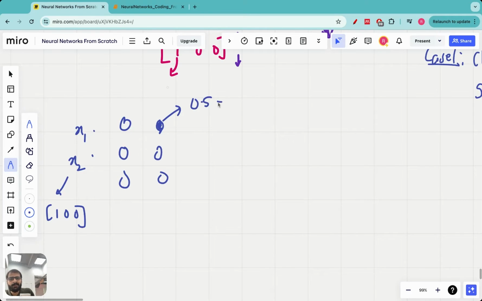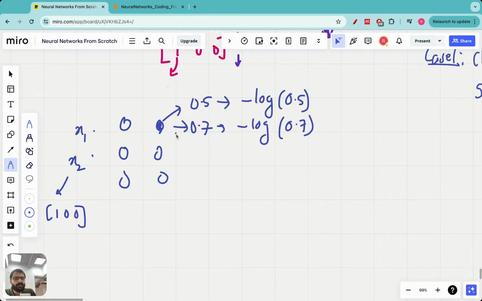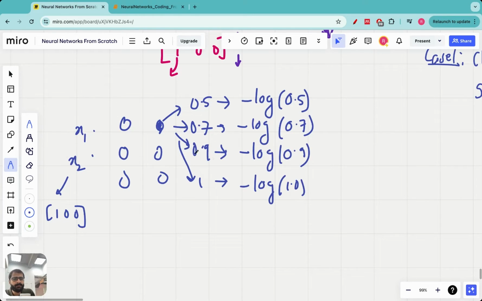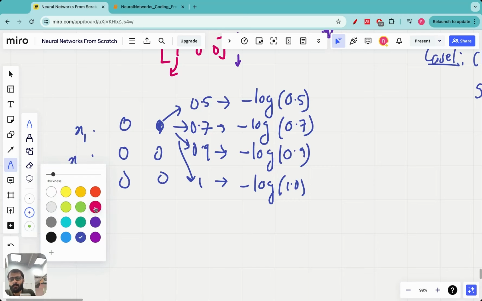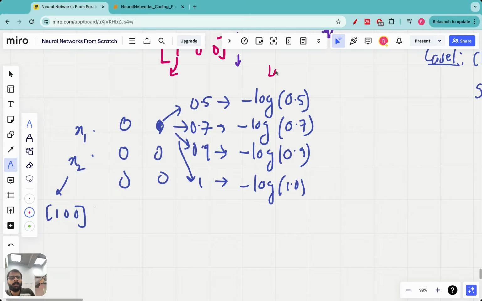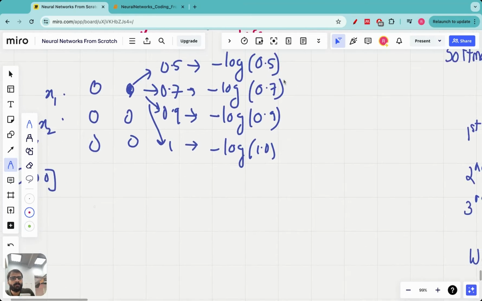If the output of this neuron is 0.5, the loss is negative log of 0.5. If the answer is 0.7, the loss is negative log of 0.7. And if the answer is 0.9, the loss is negative log of 0.9. And if it is 1, then the loss is negative log of 1. And this is the loss.